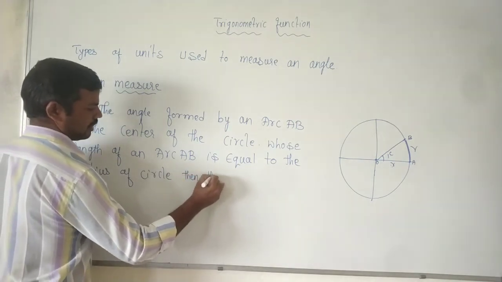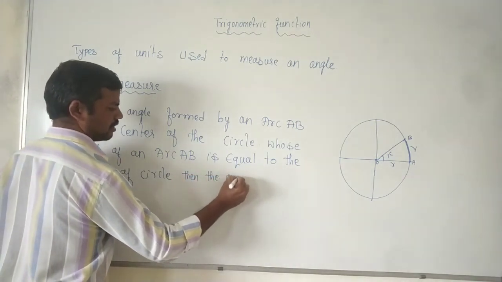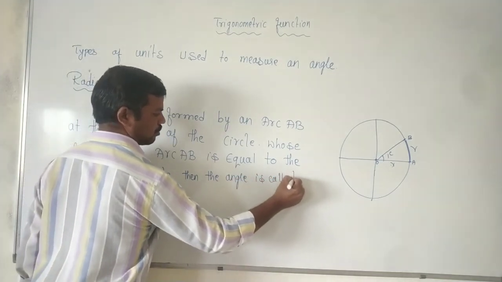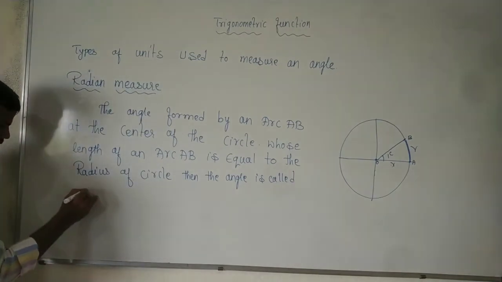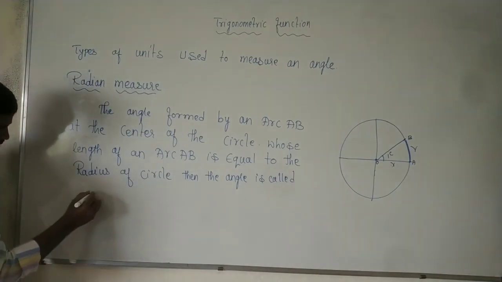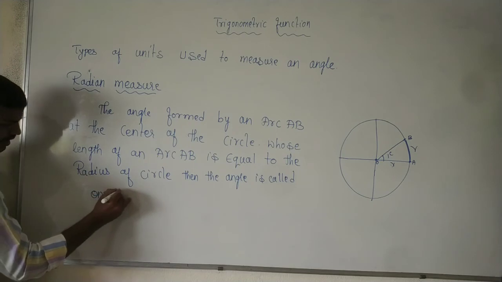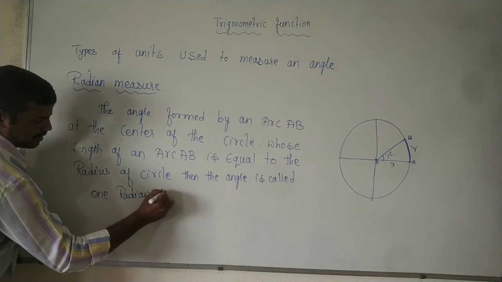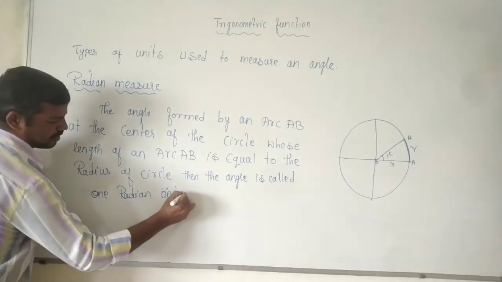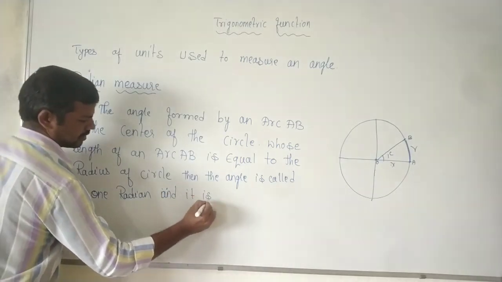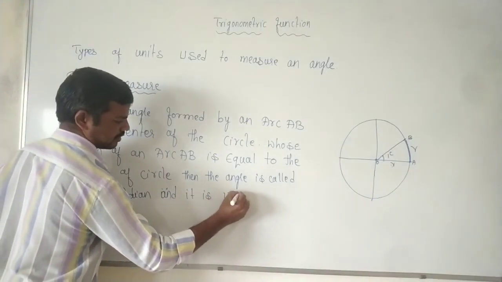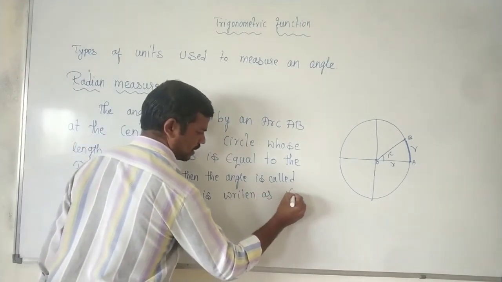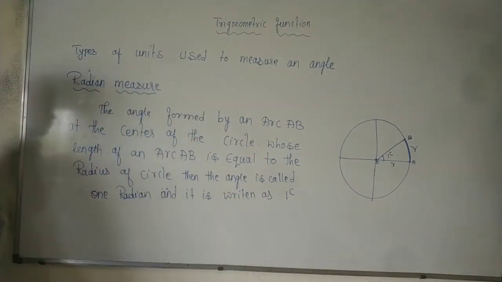Then the angle is called 1 radian, and it is written as 1 radian.